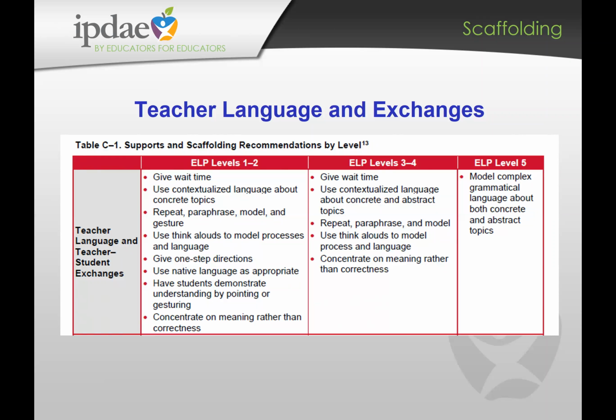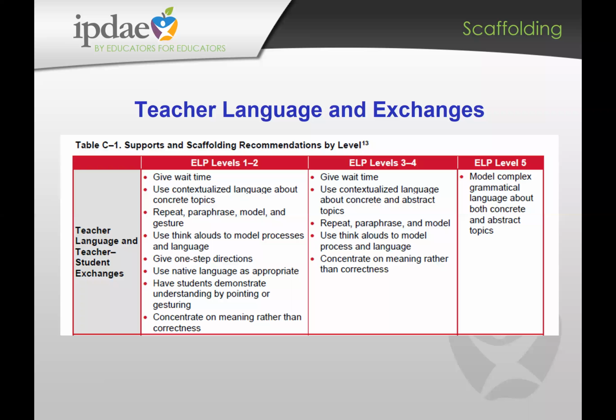But more importantly, what I want you to take a look at is how some of the scaffolding differentiation techniques are being distributed across the levels of ESOL. Under levels 1 and 2, or your beginning levels of ESOL, you have to give more wait time, contextualize the language a little bit more, and you're going to find yourself having to repeat, paraphrase, and model most of the time. As you move to levels 3 and 4, you are still providing wait time because you're now asking more complex questions.